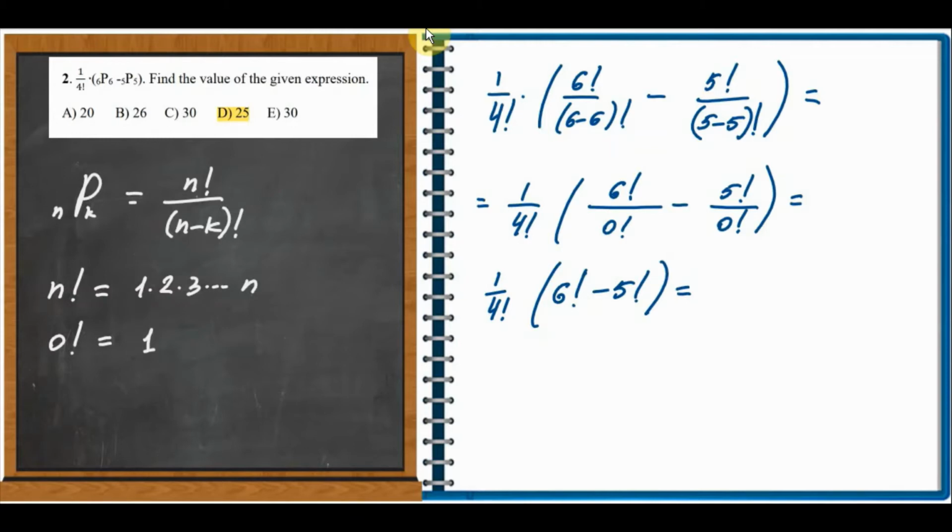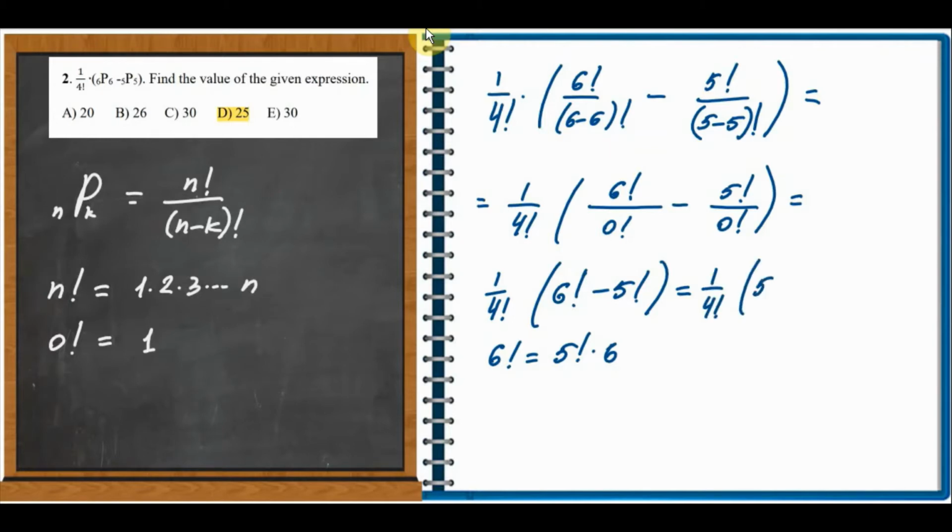And what is more, we need to say that 6 factorial is equal to 5 factorial multiplied by 6. The same, 5 factorial is the product of the first 5 numbers. If you multiply it by 6, you will get the product of the first 6 numbers. Therefore, we can write it into the expression.